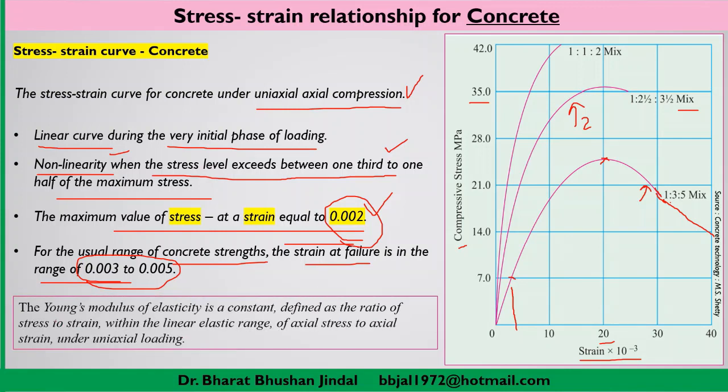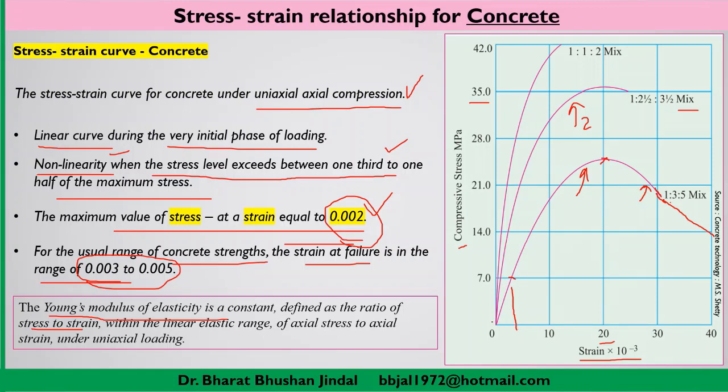Now, if we talk about the Young modulus of elasticity, which is a constant, it is defined as the ratio of stress to strain. So if in this particular type of concrete you want to find the Young modulus of elasticity, what do you have to take? You have to take the ratio within the elastic limit.